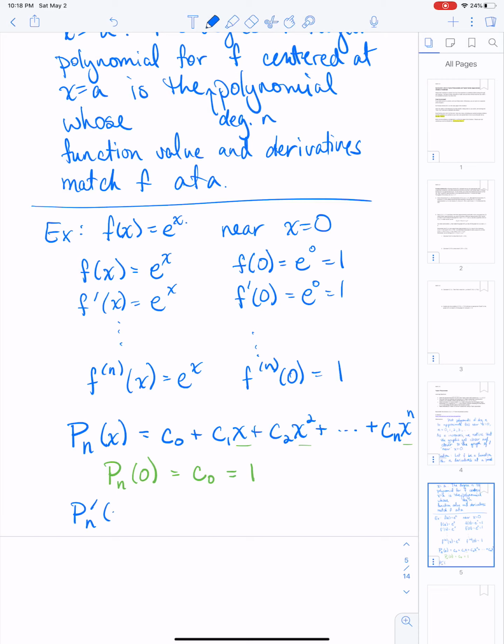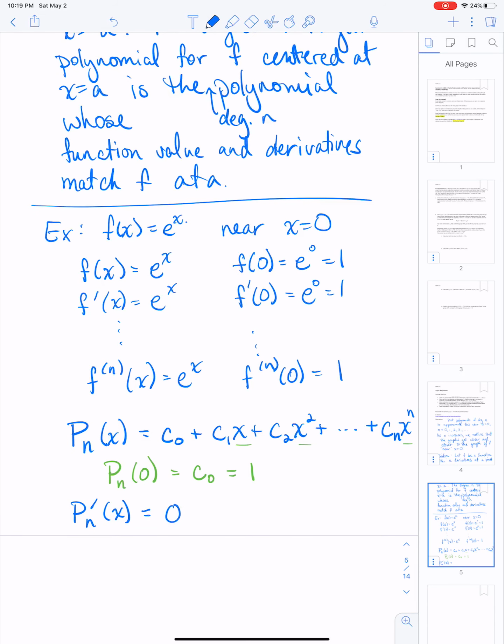So Pn prime of x. Yeah, so the first derivative of the Taylor polynomial is going to be, now when we differentiate, the first term C0 differentiates to 0 plus C1 plus 2C2 x to the 2 minus 1.